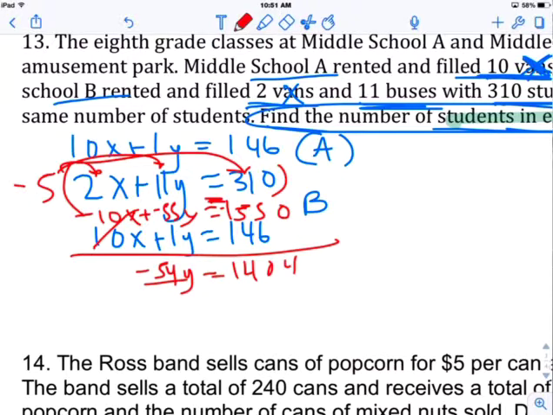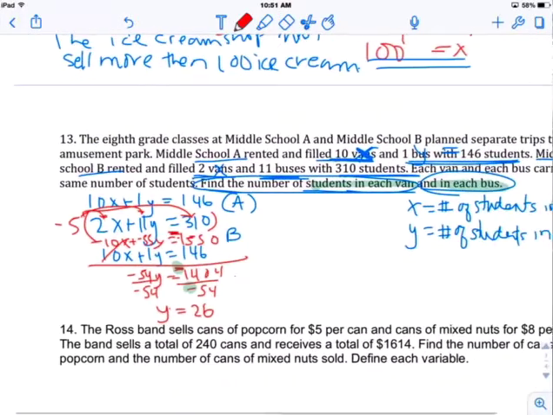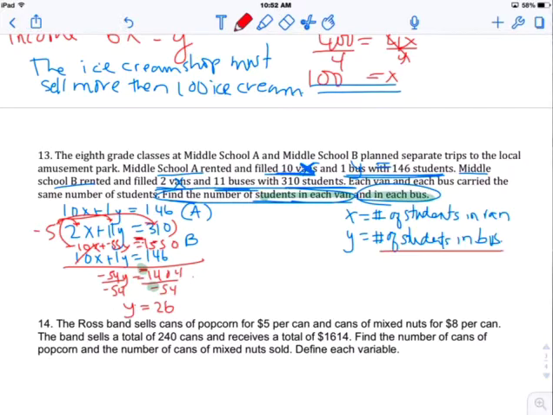Divide that by negative 54. 26. You got 2 negatives here, so it equals a positive. Y equals 26. Y represents the number of students in the bus. So there are 26 students in a bus.